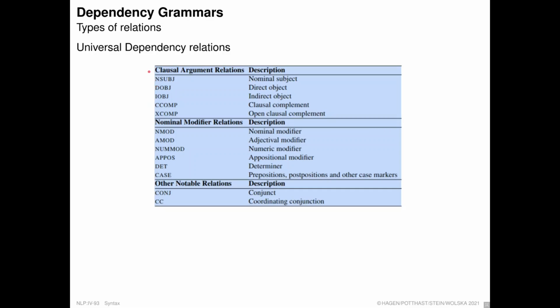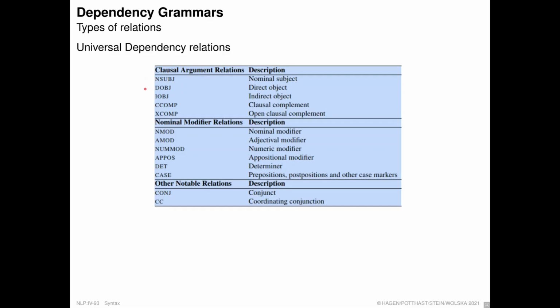Here are examples of clausal argument relations. And these are, of course, acronyms or labels, specific symbols specific to this specific instantiation of dependency relations, universal dependency relations. So with n-subj we will label nominal subjects.